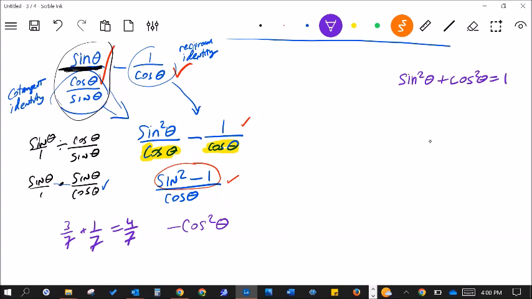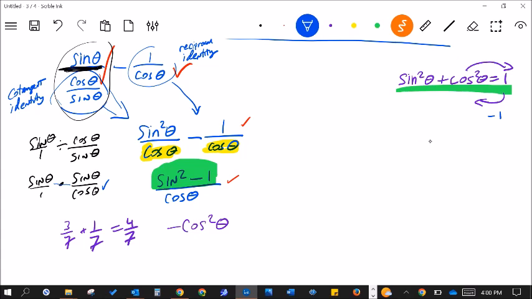So if I want to get this, I want this from this. Well, that means that the 1 has to go to the other side, and the cosine squared theta has to go to the other side to get out of the way.